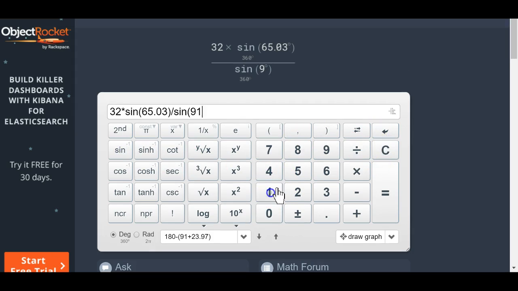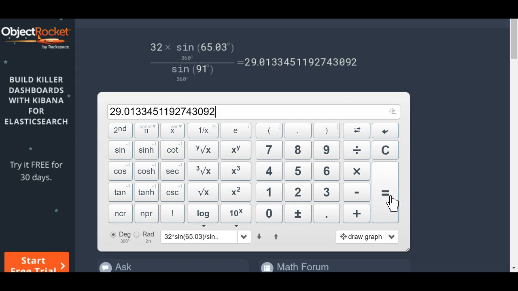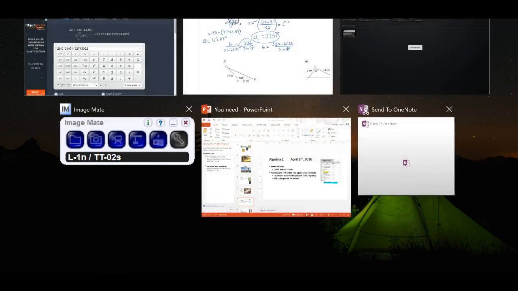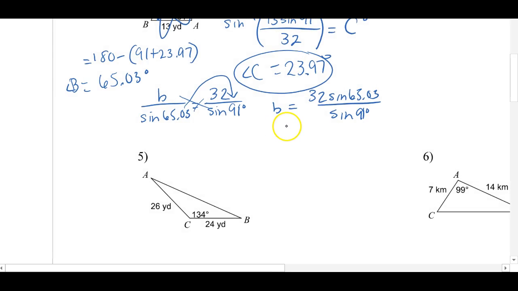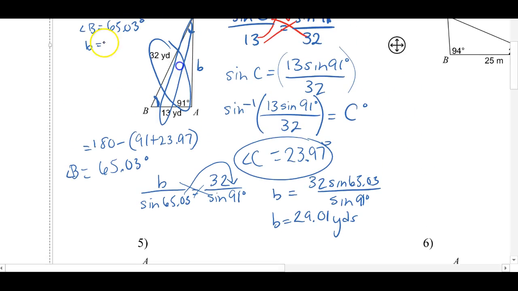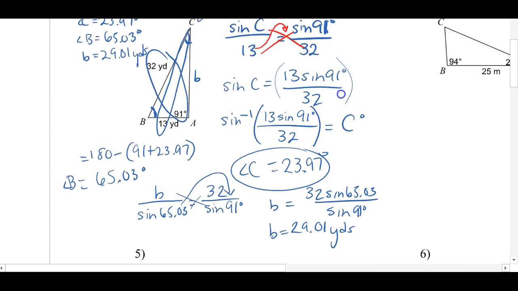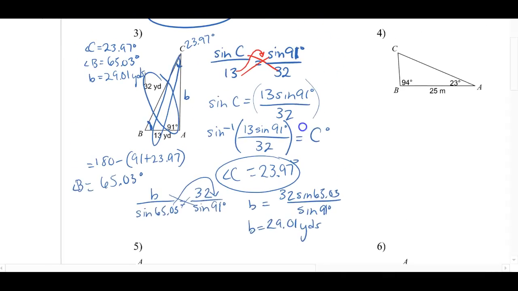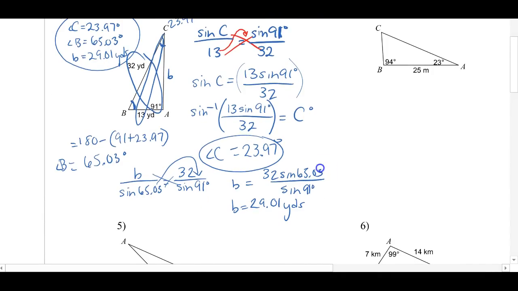Oops, 91. Okay, and that is our side B, 29.01. And that's in yards. So we make sure we note that as yards. 29.01 yards. Okay. All right. There we go. There's our answers. Got there, there, and there. Okay.